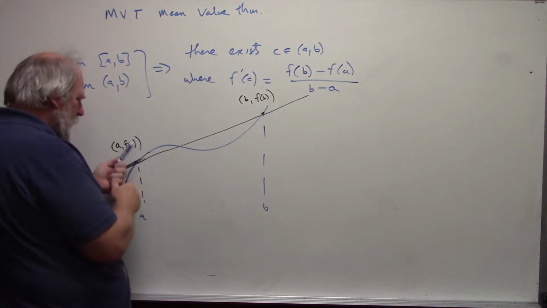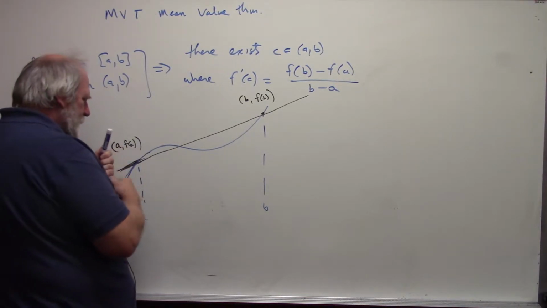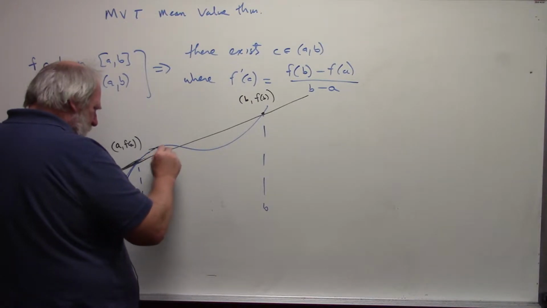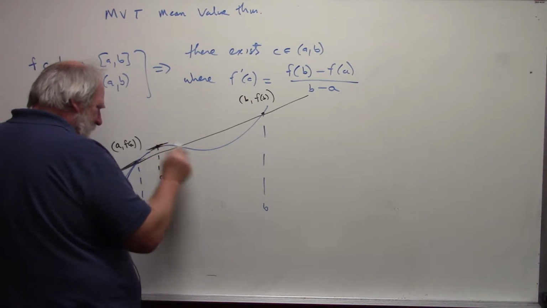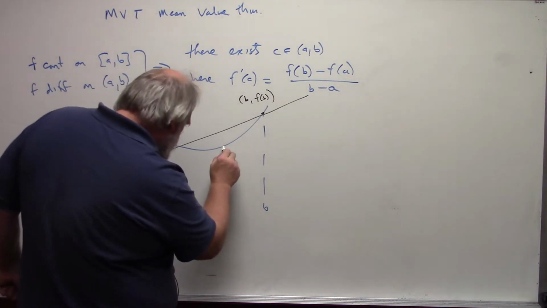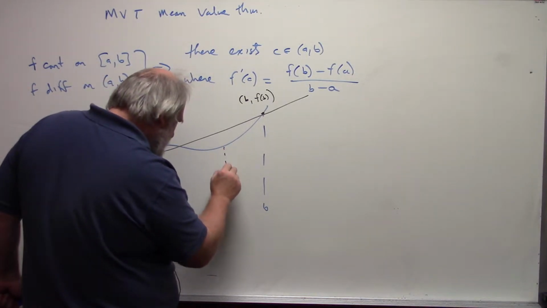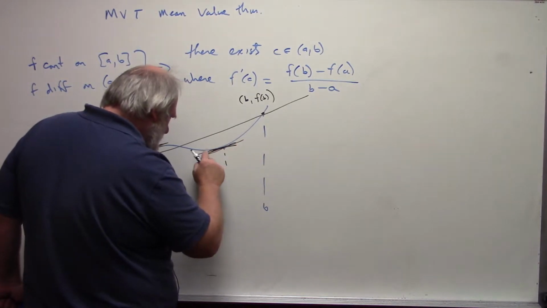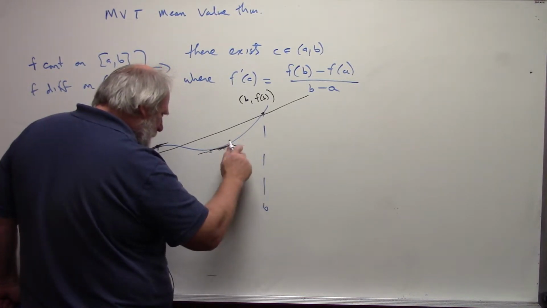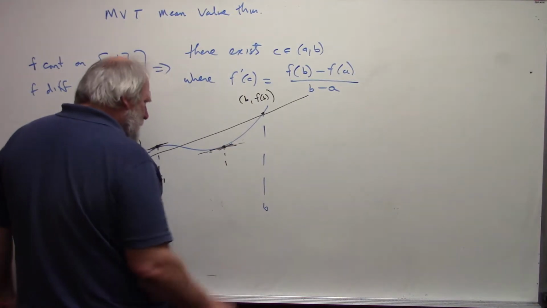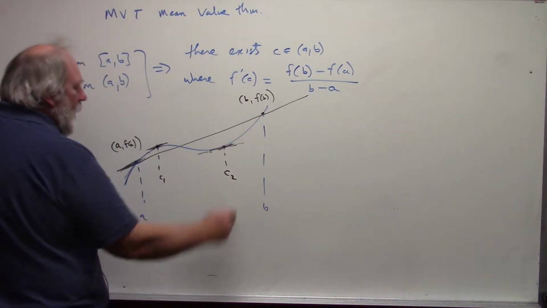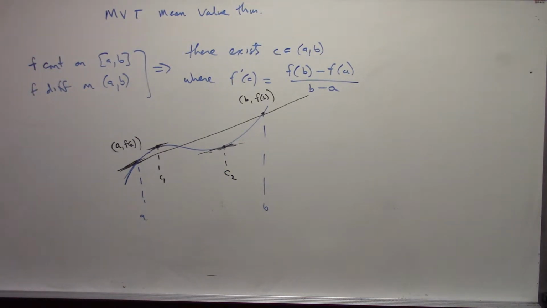In this case there's actually two, where the slope of the tangent line is the same as the slope of the secant line through the two endpoints. Something like this. Forgive my drawing, but there's two such values in this case. We're guaranteed at least one. That's what mean value theorem says.